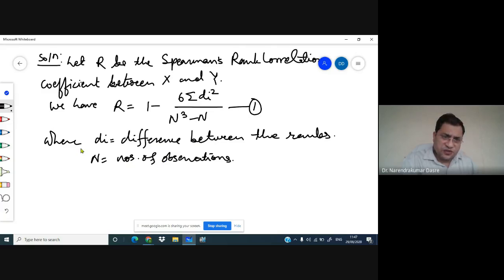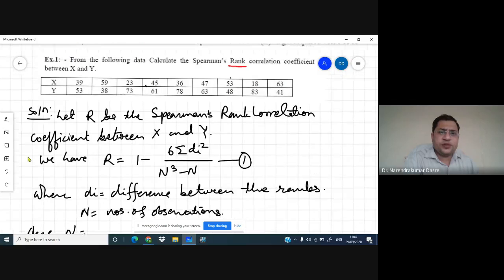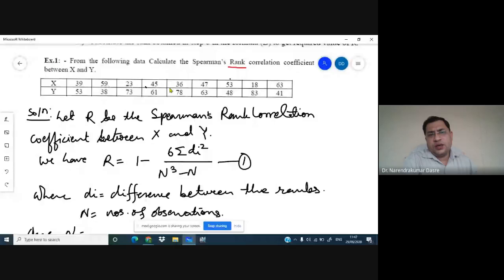So what is the value of n here? See how many observations are given to you. There are 9 observations given to you. So the value of n is going to be 9.